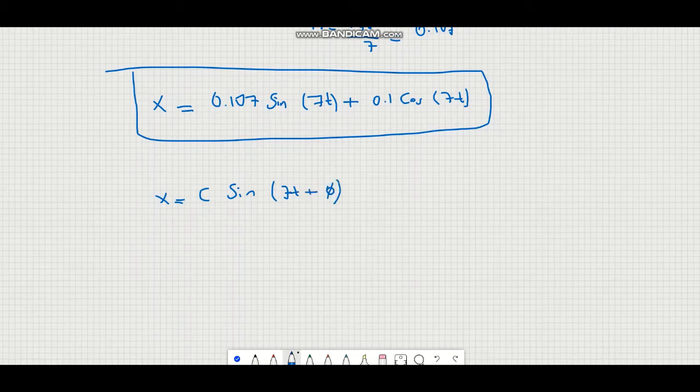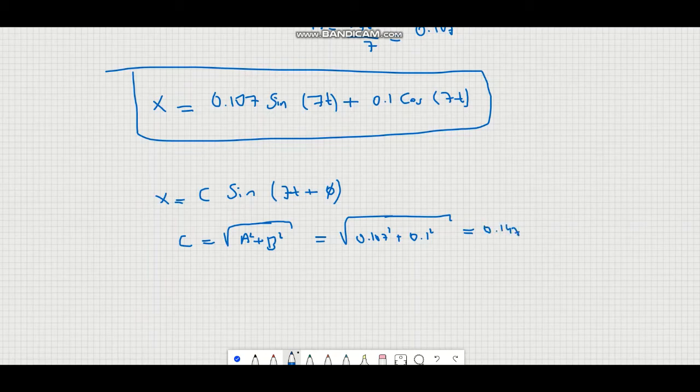So we are going to find the phase angle here, where C, as we stated, is the square root of A squared plus B squared. So if you plug in 0.107 squared plus 0.1 squared, the square root is going to give us 0.147.